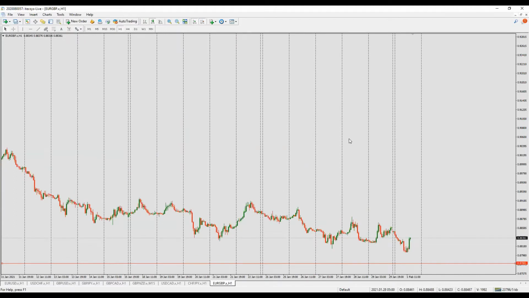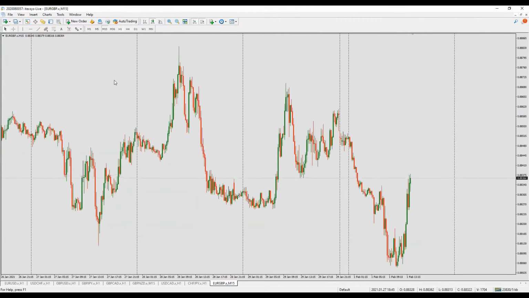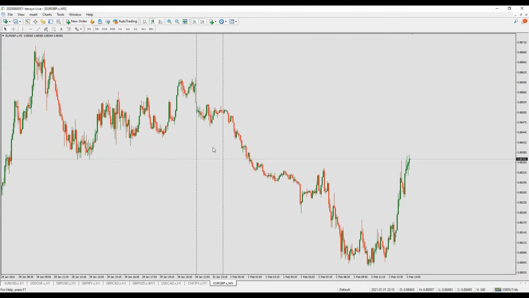I don't see any other interesting opportunity. This is the 1 hour time frame, and 15 minutes. And I think I would consider to sell, maybe if I go to the 5-minute chart, somewhere here. I would consider this level, but only as a short term, even a scalping position.